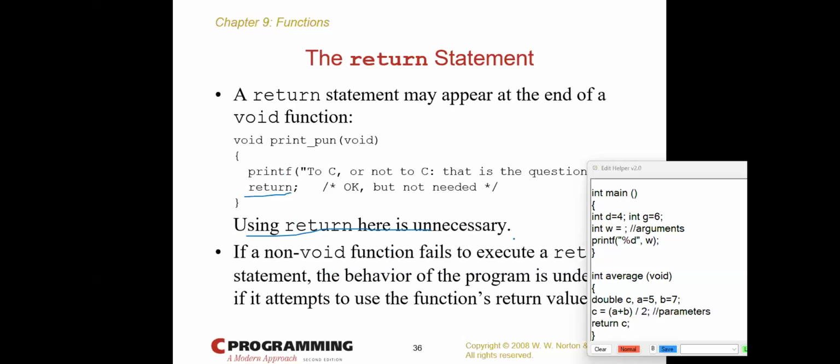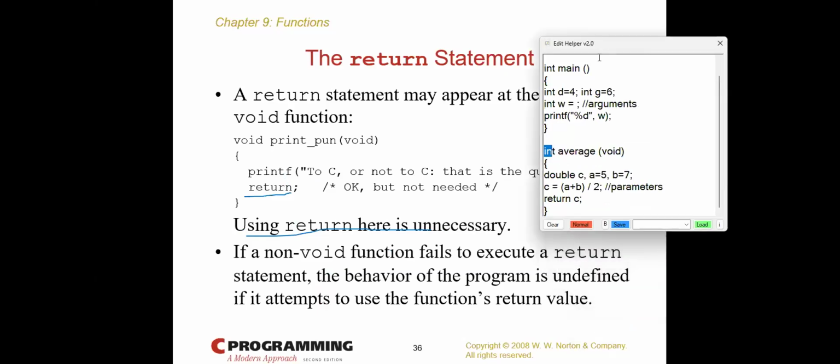If a non-void function fails to execute the return statement, the behavior of the program is undefined if it attempts to use the function value. So let's assume the function does not have any value to return, but somehow you are trying to catch a value. Okay, let's take, for example, we have this guy.